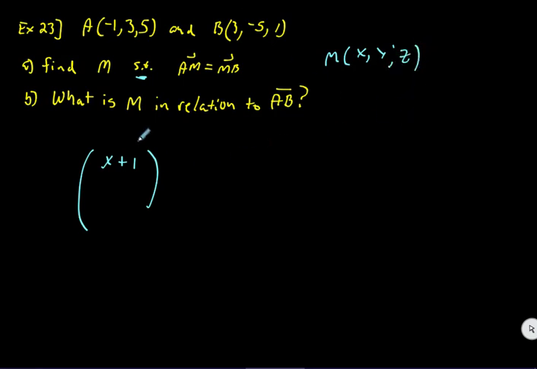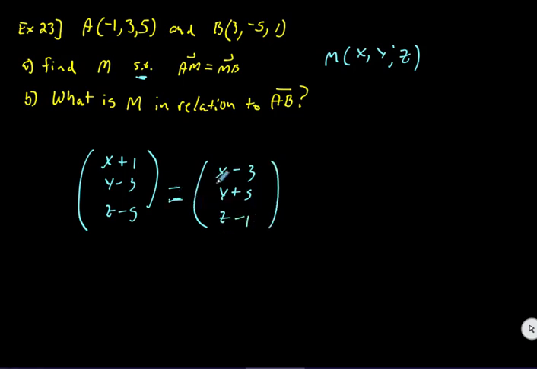My bad. And then it would be y minus 3, and then it would be z minus 5. Good. And that has to be equal to MB, so that would be x minus 3, y plus 5, and then z minus 1.